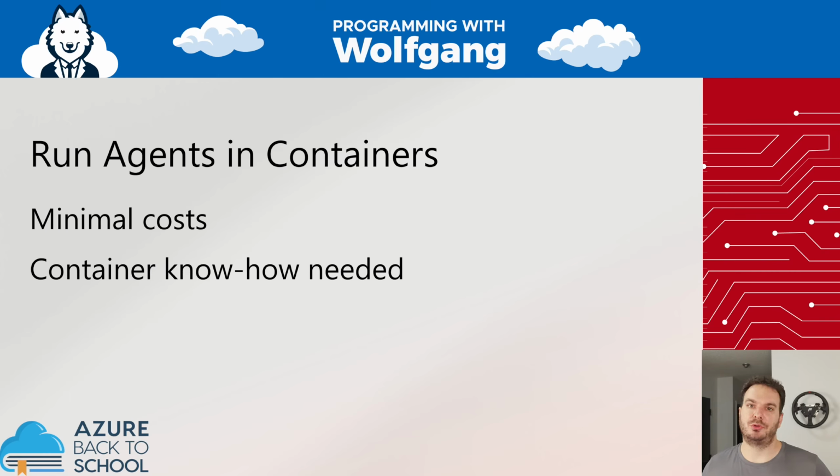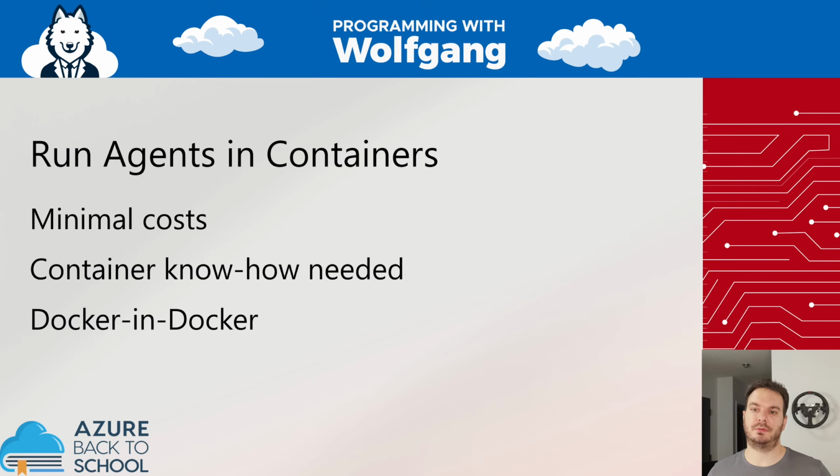The downside of this approach is that you have to know how containers work, how to configure the Dockerfile, how to set it up, how to run it in the cloud. If you don't have an AKS cluster, it might be too expensive to set up one just for your agents. So you have to go with the Azure Container App. But this also leads to some other problems.